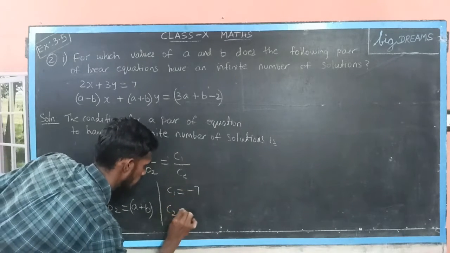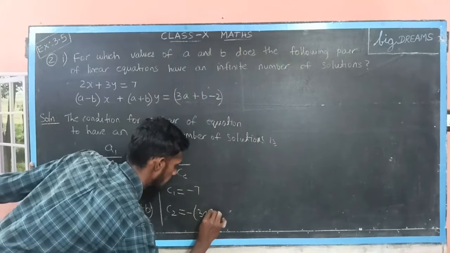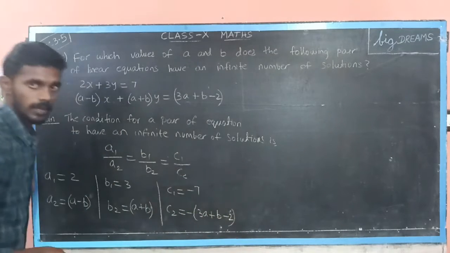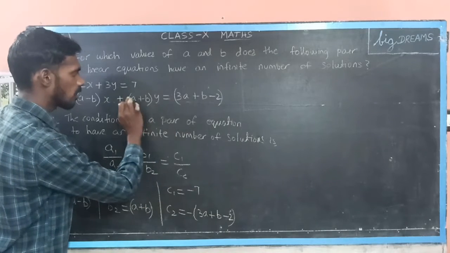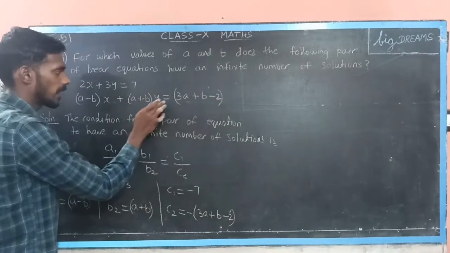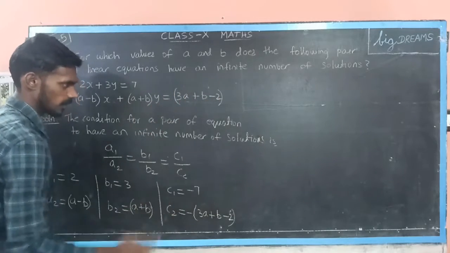Then c2 is equal to minus of (3a plus b minus 2), because when this expression goes to LHS it becomes minus of (3a plus b minus 2). Clear?